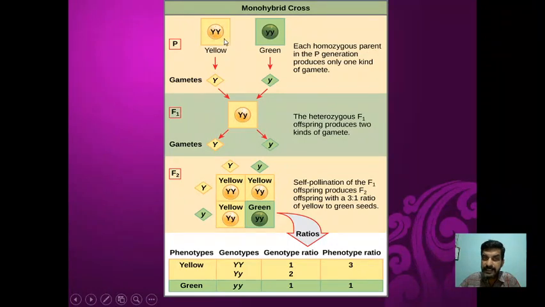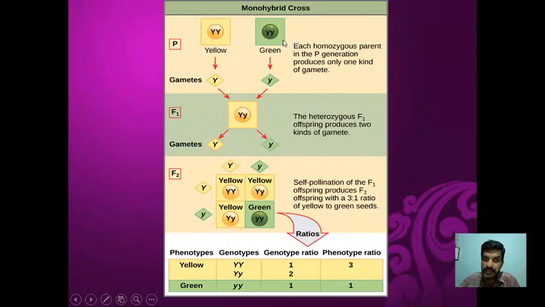Never write a single allele, because in diploid organisms two copies of the allele will be present on two chromosomes, one on the maternal chromosome and another on the paternal chromosome. So diploid organisms always carry two alleles for a particular trait. Don't write yellow as a single Y and green as a single small y, right? You have to always write two alleles, right?